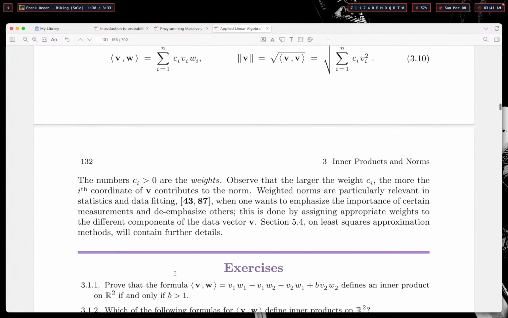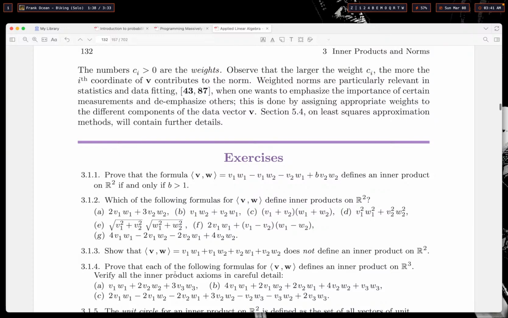Okay, so essentially what it's saying is that b has to be greater than 1.